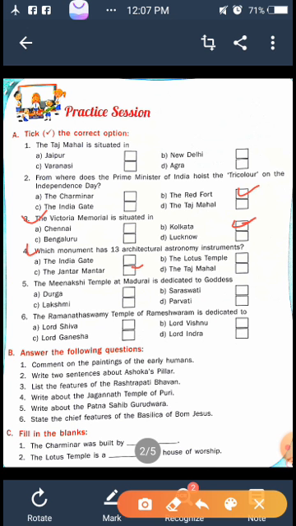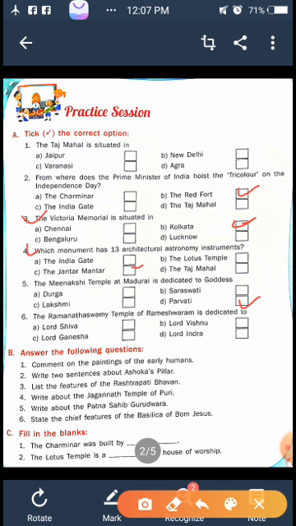Number 5. The Meenakshi temple at Madurai is dedicated to goddess A, Durga, B, Saraswati, C, Lakshmi and D, Parvati. Which one is correct? D, Parvati. The Meenakshi temple is associated with goddess Parvati. Number 6.